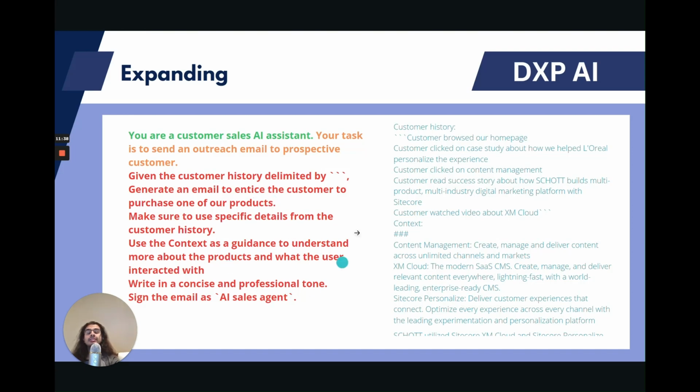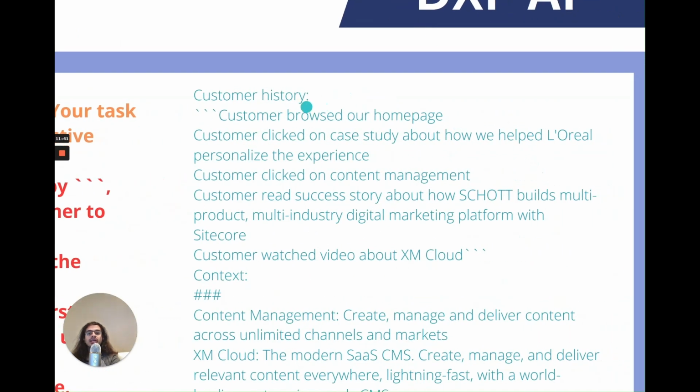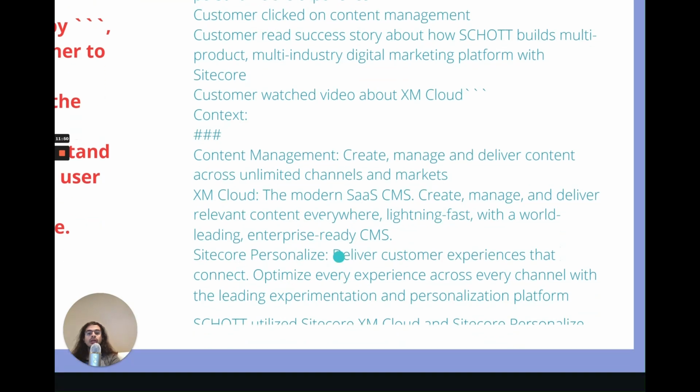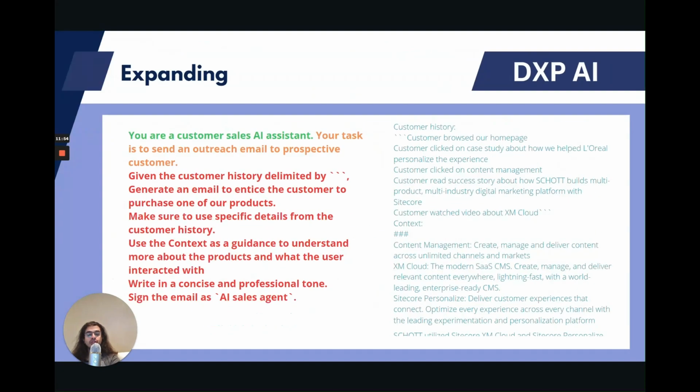Now, this is an interesting scenario because after that I gave it the context as customer history, and I showed how my customer navigated the website, and then I gave it some context around my organization, or keywords like a glossary from my organization.